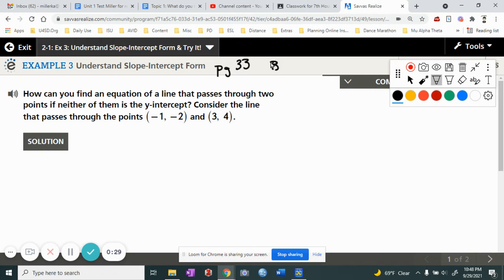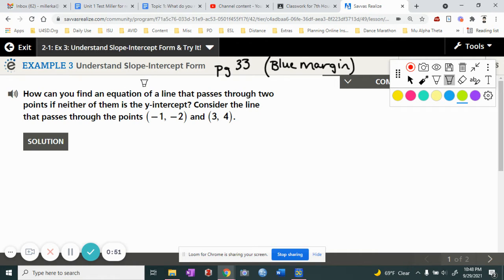This is our blue margin problem if you are taking notes in the notebook. So this example is not on the top of page 33, but you will put this on the side of page 33. I don't expect you to write down this entire problem, but let me highlight what I do need you to write down.